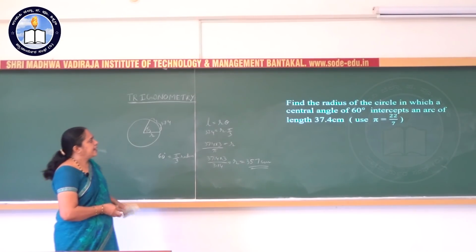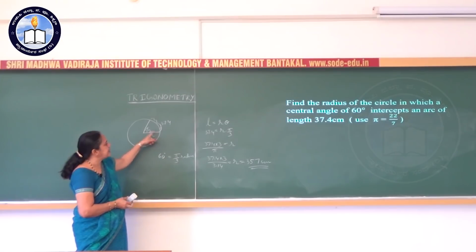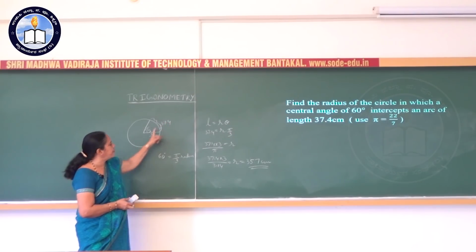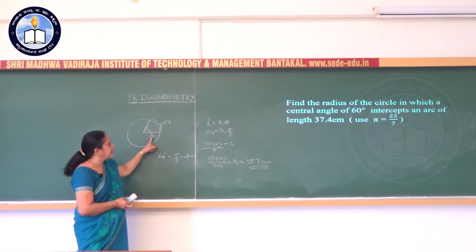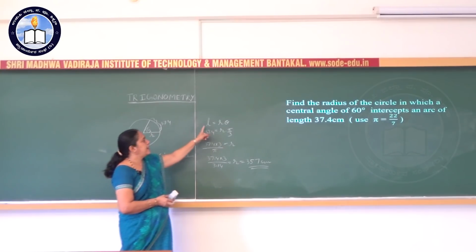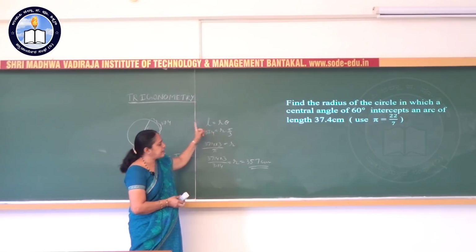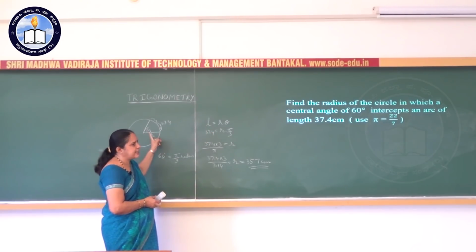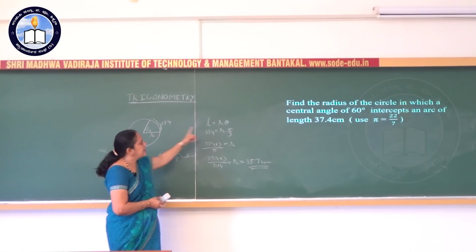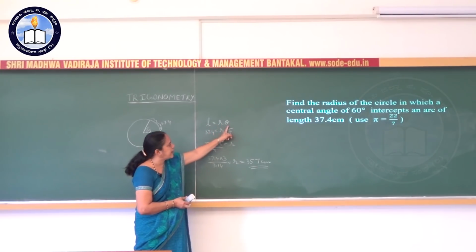Okay. Given the central angle is 60 degrees, that is pi by 3, and the length of an arc is equal to 37.4. To find the radius of the circle, use the formula L is equal to r into theta. The length of an arc which subtends an angle theta radians at the center of a circle of radius r is given by L is equal to r into theta.